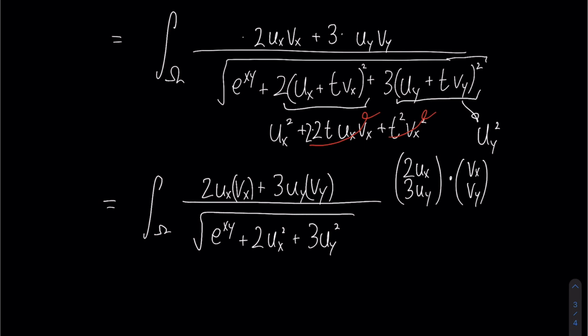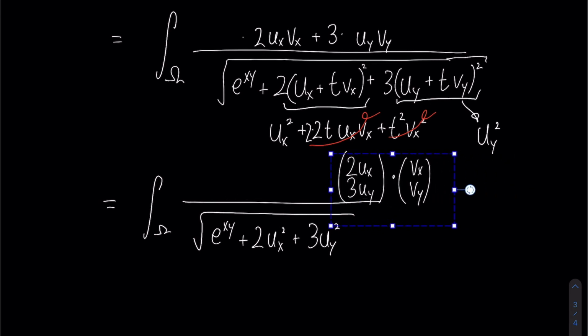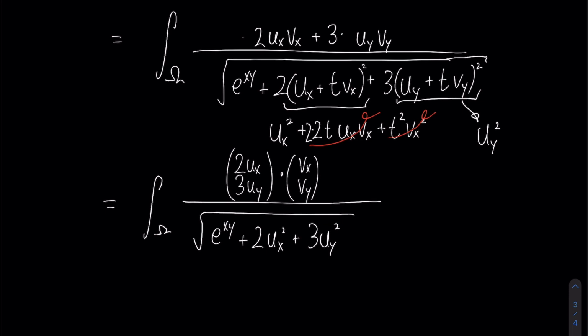Because the first two terms multiply and the second two terms multiply and we add. So I'm going to rewrite the first part in vector notation. Or I can rewrite the second part as the gradient of v, because that's what it is, right? Okay, why did I do this? I did this so that I can apply Green's theorem. So everything's coming together, right?